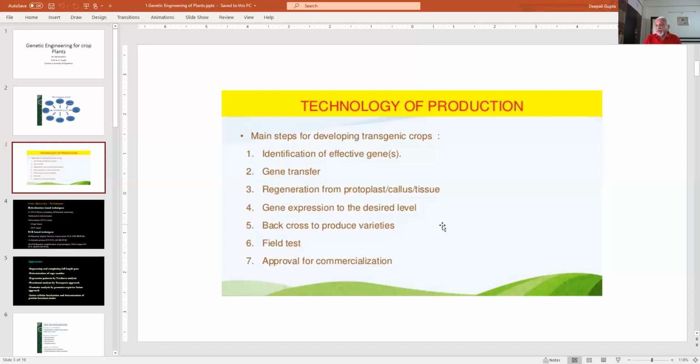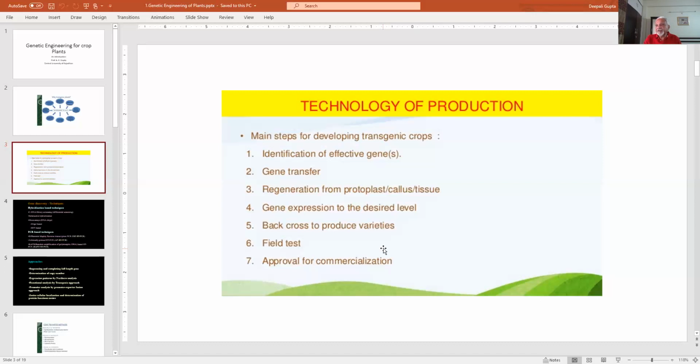Okay, so once you have stabilized the trait, then they go to field testing. You know, field testing for the trait which one has modified. And once that is confirmed, then it has to go through approvals.